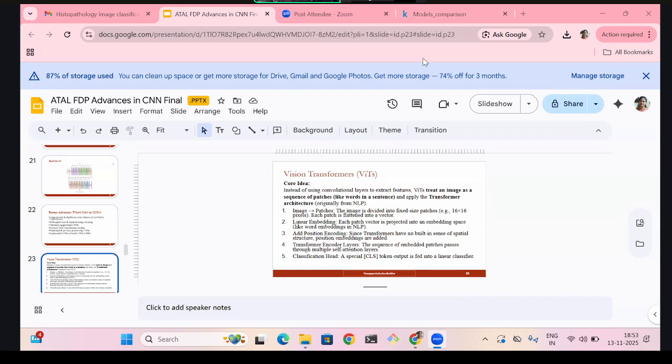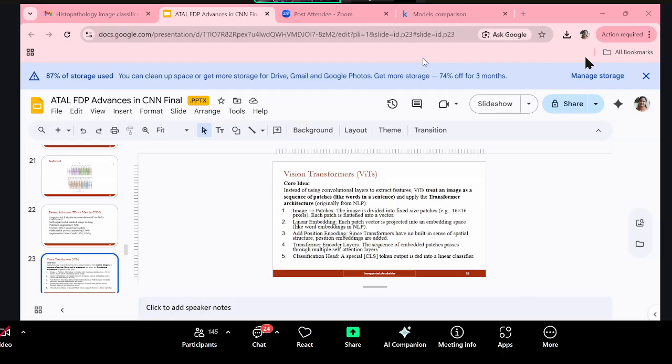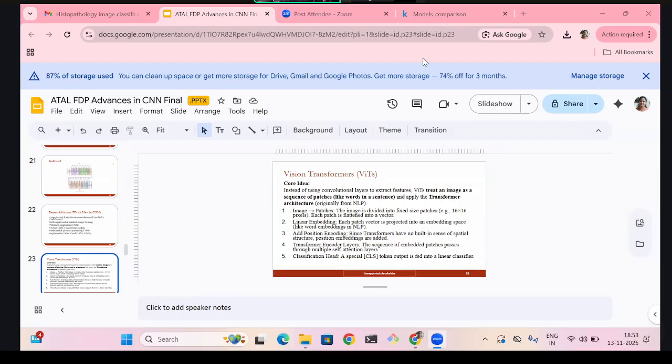Each and every convolution layer will be learning the basic features. First, it will be learning the edges, and then in the next layer it might learn textures. Then in the next layer it will learn, as I told, different subparts of that particular face.